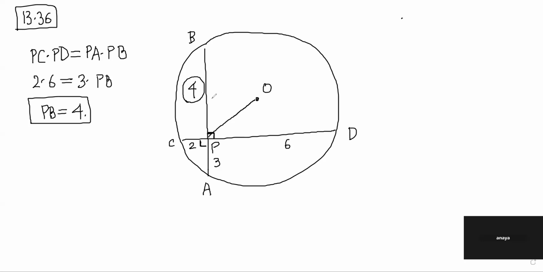If I drop a perpendicular from O, which is the center, to this line AB, that should be the midpoint of the chord, right? Perpendicular from the center to a chord will bisect the chord. So if this point is called E, OE must bisect AB.